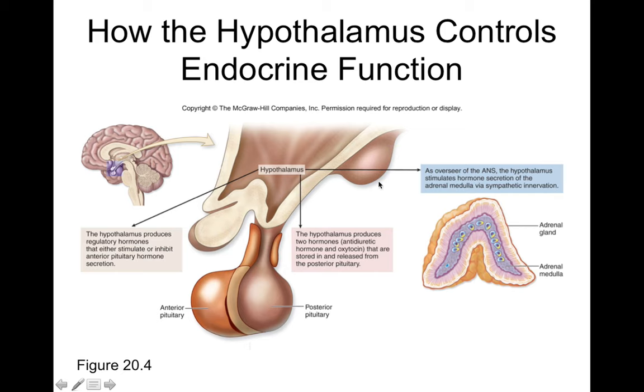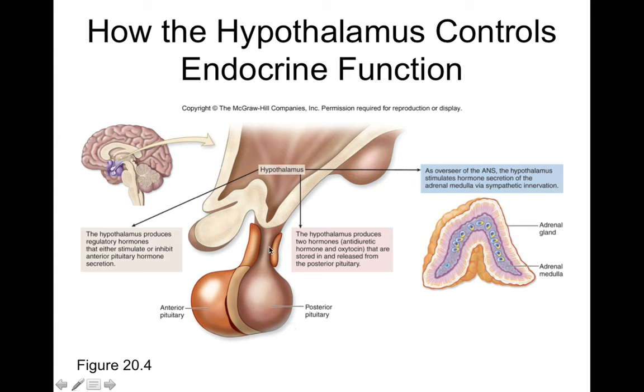And so what we're looking at here is zoomed in on a mid-sagittal view of the brain. So we can see on the inferior view of the brain here, we have the hypothalamus, we have the pituitary gland nearby, and what attaches the hypothalamus to the pituitary is the stalk, or infundibulum.